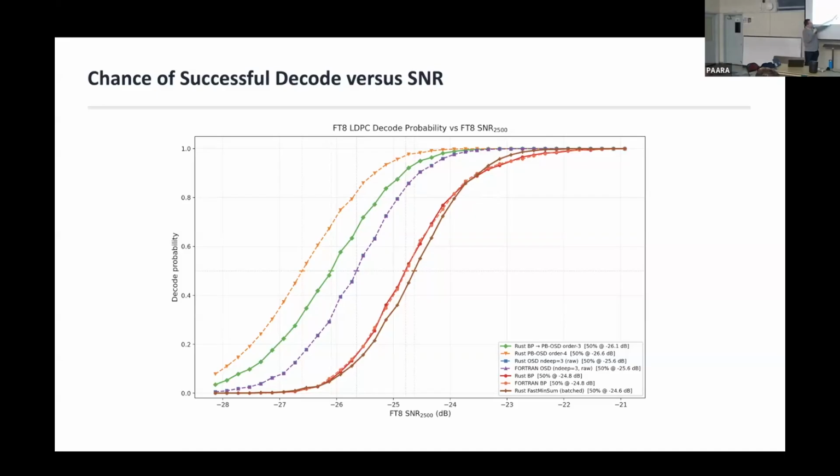The red one is belief propagation, and the Fortran and the Rust are identical because they're basically the same algorithm. Same thing with the purple one, the ordered statistics decoder. And then this green and orange color are the PB OSD, the newer one, but it only works best at this lower range.